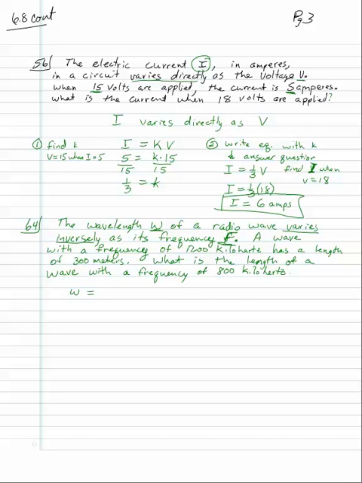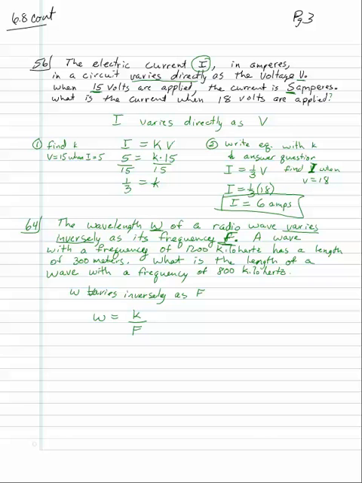W varies inversely as f. So what does that translate to? W equals k over f.